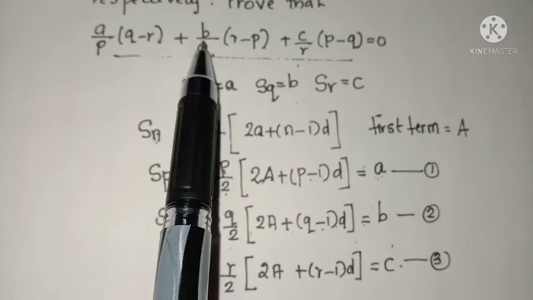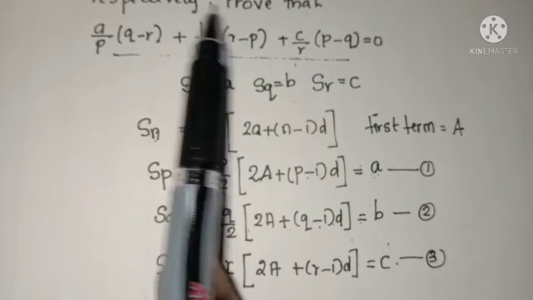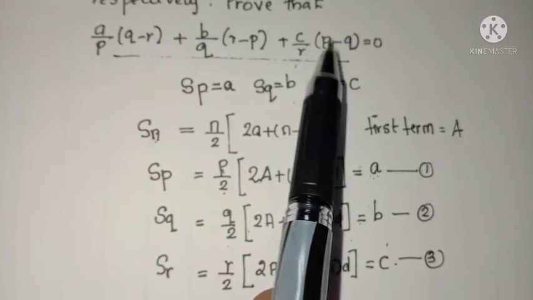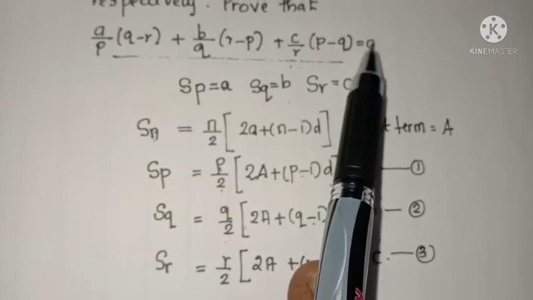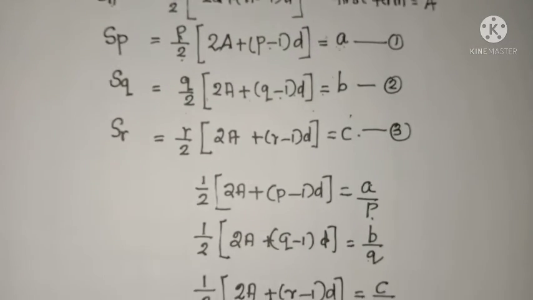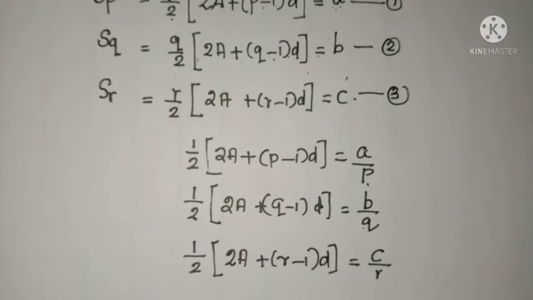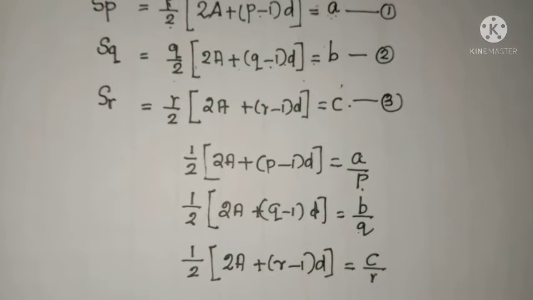In this expression, just replace A by P, B by Q and C by R, simplify the left side and make this expression equal to 0. That is our procedure. So, we can start with LHS.